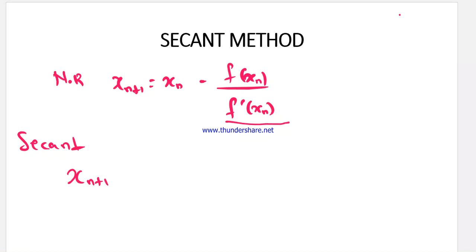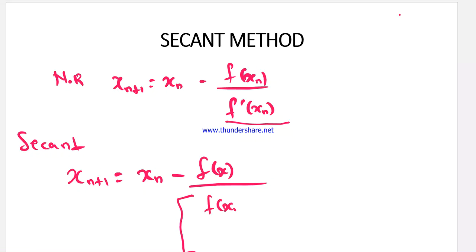So as a result, we have xn plus 1 equals xn minus function of xn divided by a replacement for the derivative now. So it's algebraic difference of the function minus the function at initial position divided by the difference in the position.